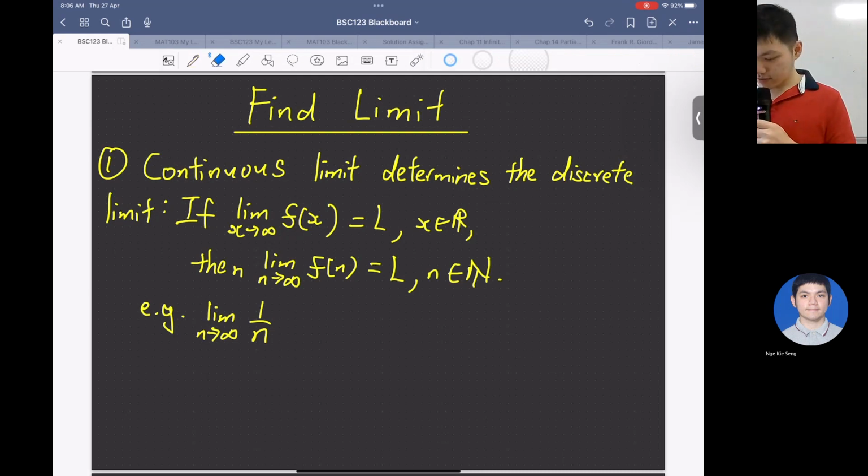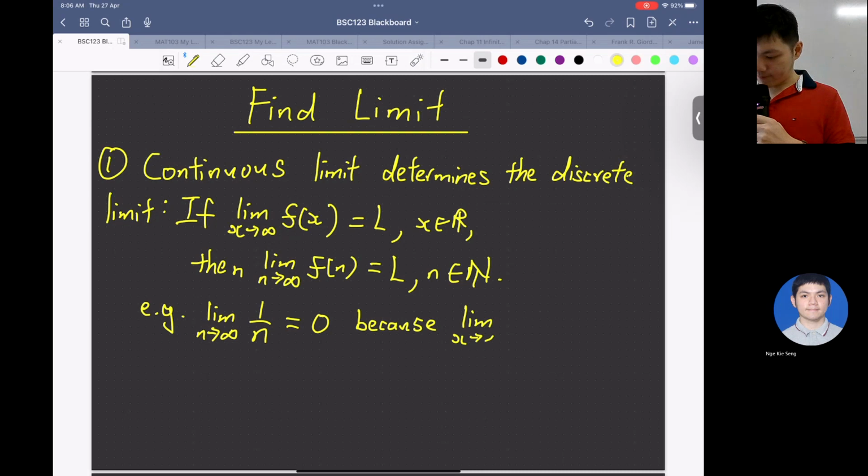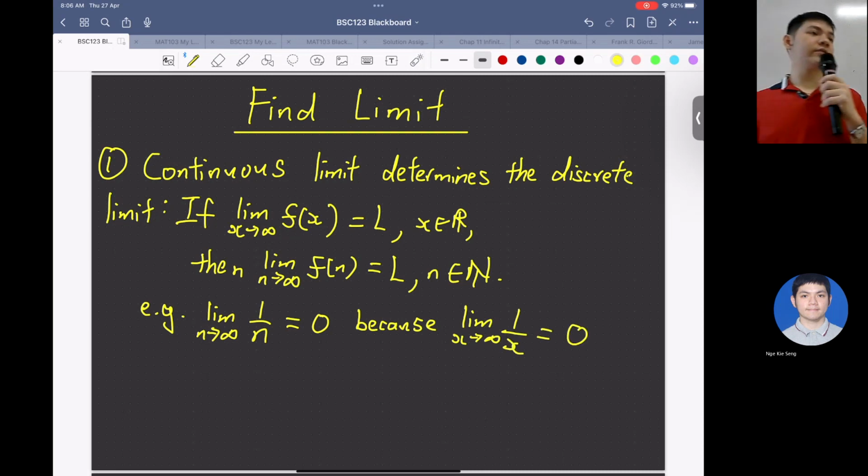Okay, so this sequence is going to converge to 0, because if you look at the graph of 1 over x, it decreases to 0. So you need to differentiate between continuous limit and discrete limit.